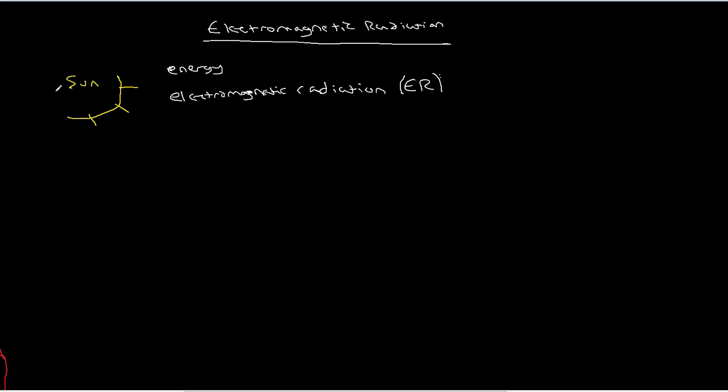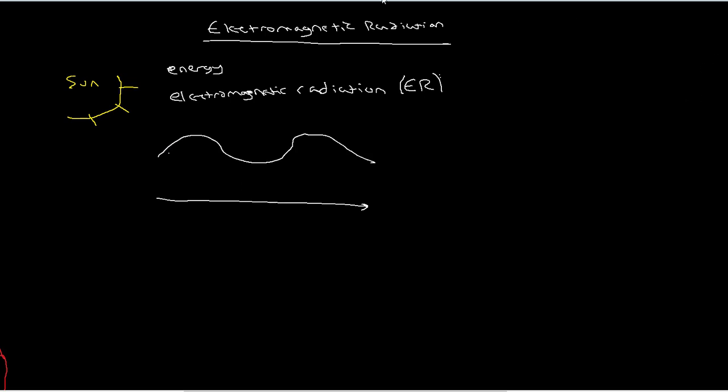And what happens is, in all of those chemical processes, energy is released in the form of waves, right? This wave is electromagnetic radiation. It's energy that is propagating in a direction, moving as a wave.